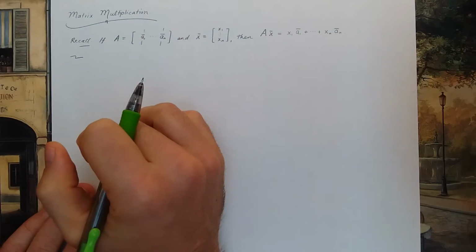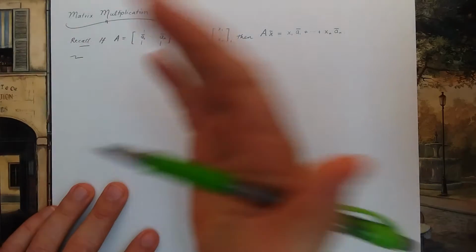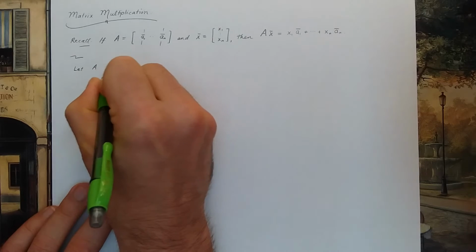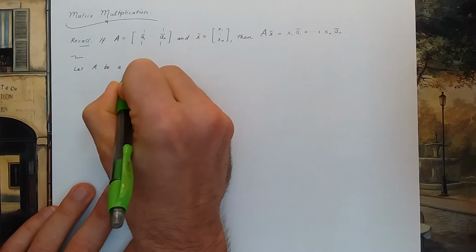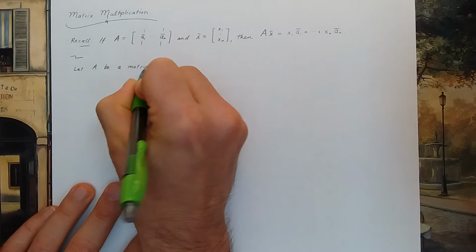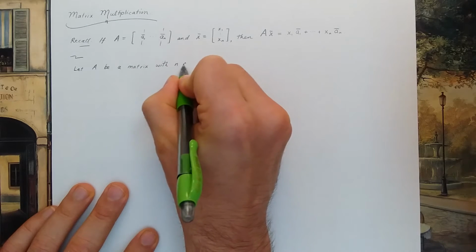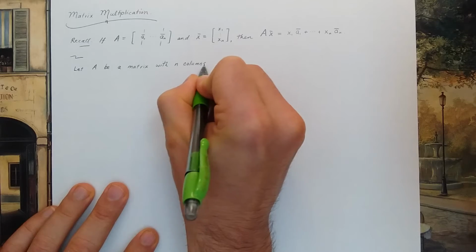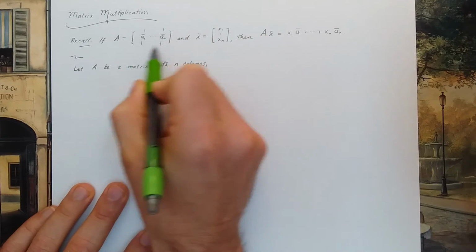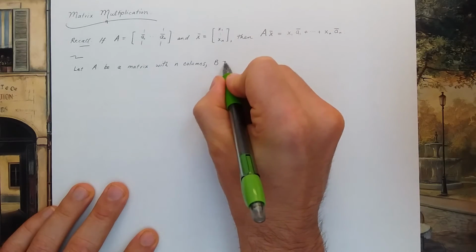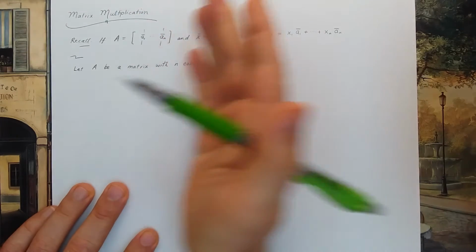So I'm going to leverage that to define matrix multiplication. Let A be a matrix with n columns, just like this situation, and let B be another matrix. It doesn't have to have n columns.